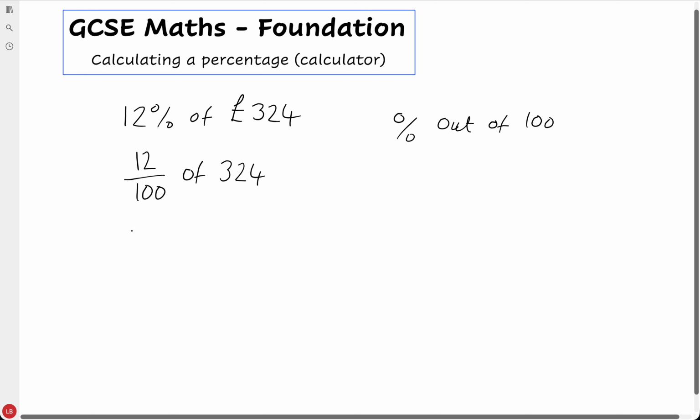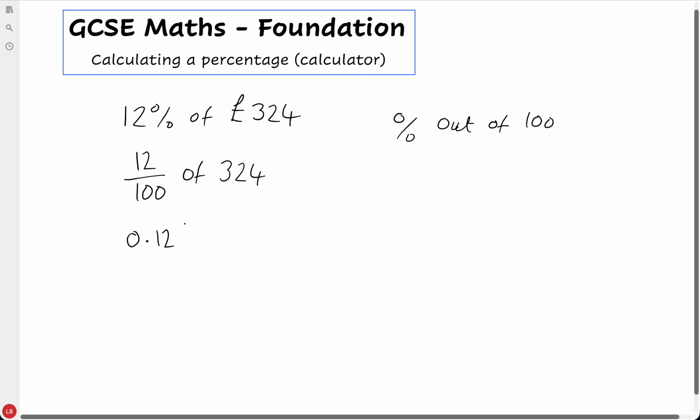12 out of 100 is, as a decimal, 0.12. So let me make my decimal point look like a decimal point. 0.12. That's 12 out of 100. 12% as a decimal, 0.12.